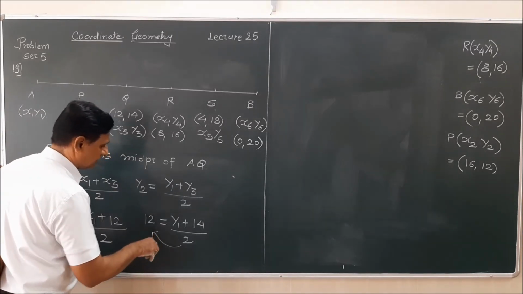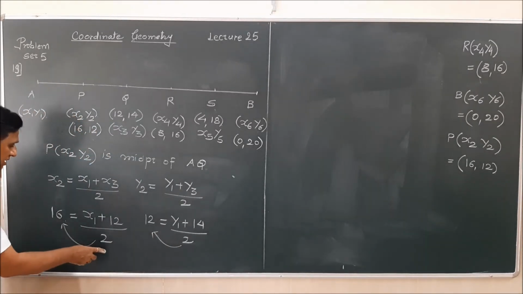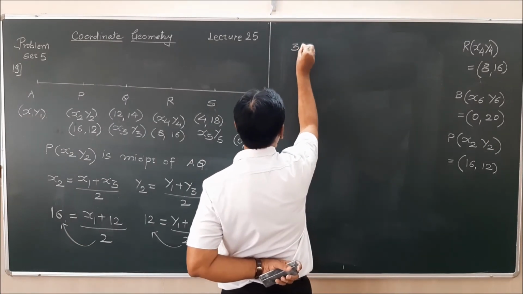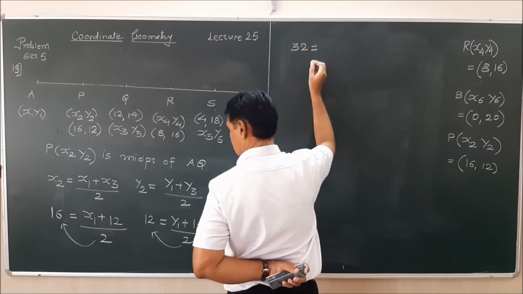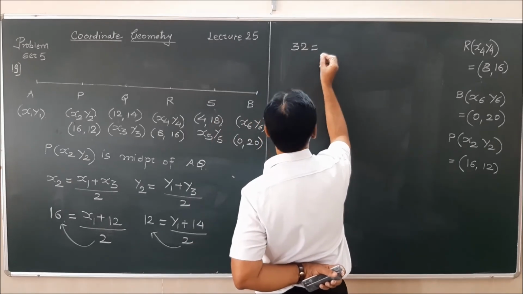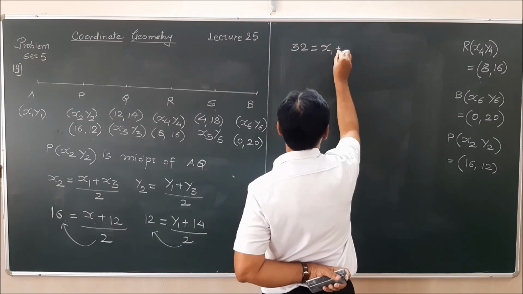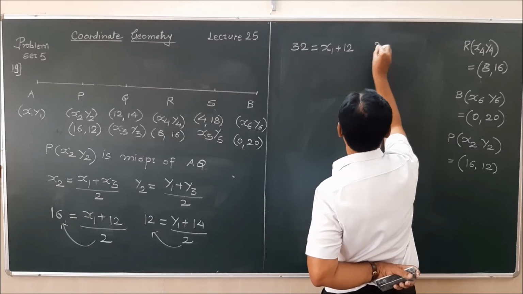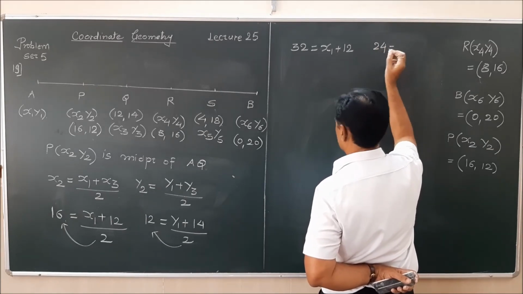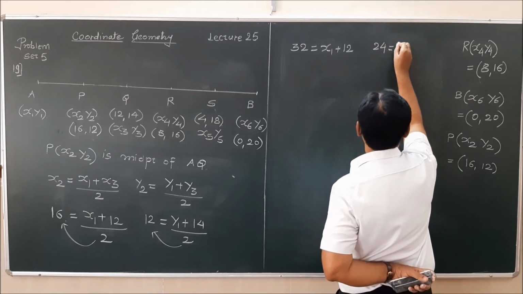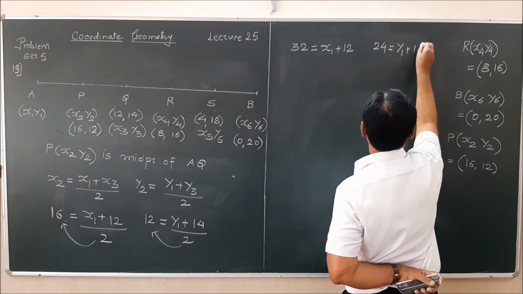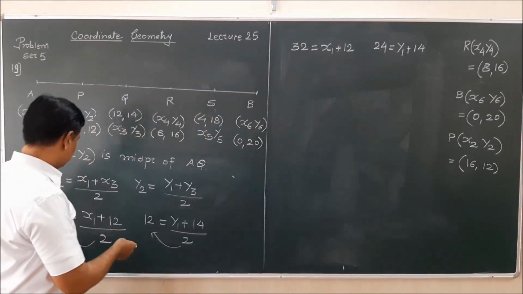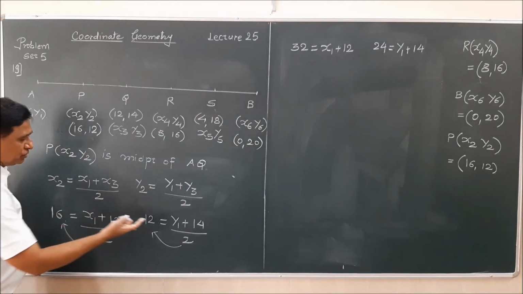Now I am going to simplify this. Transfer the 2 of both of them to the left hand side. 32 is equal to x1 plus 12, while 24 is equal to y1 plus 14. Is that clear? I transferred this 2 to the left hand side, it becomes 32, here 24.